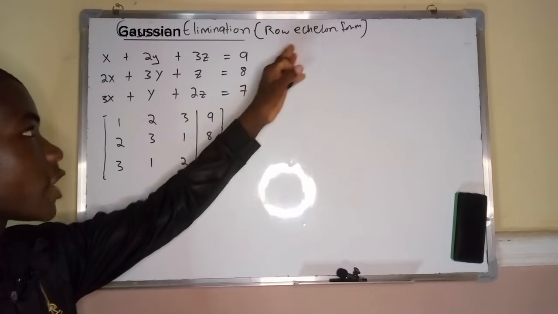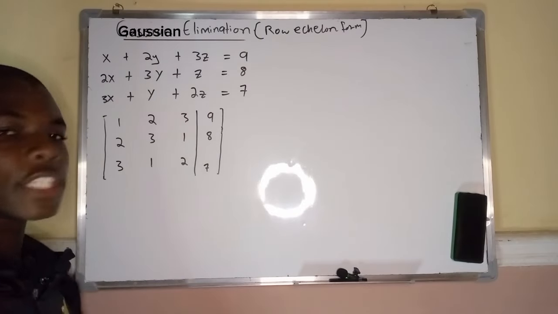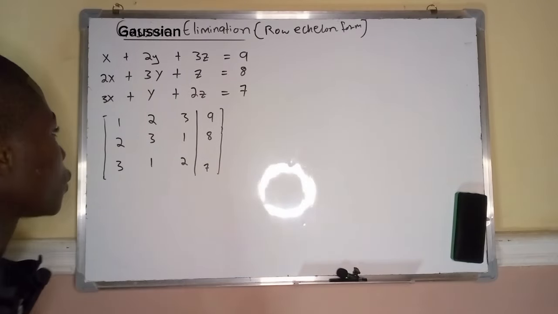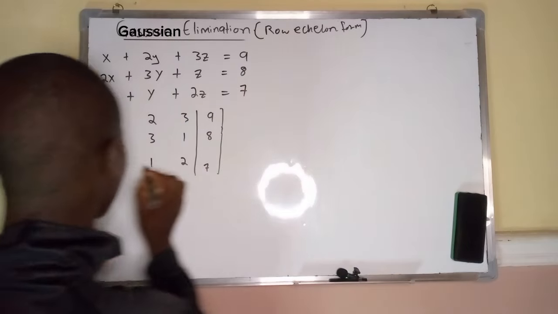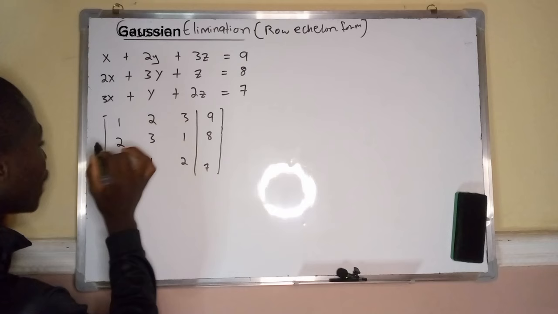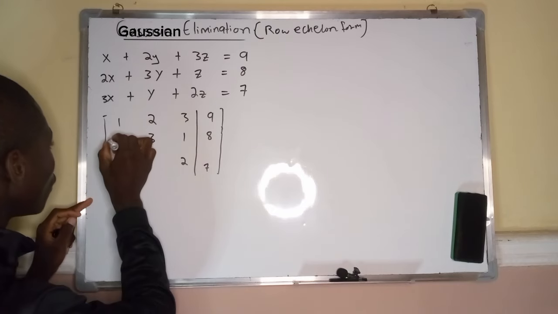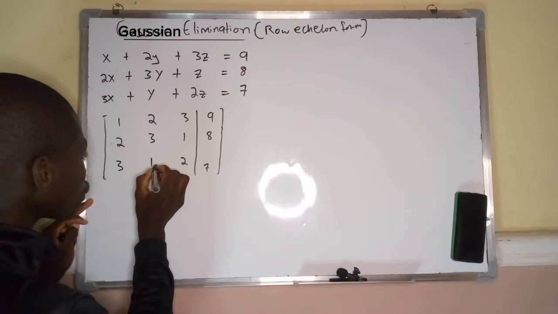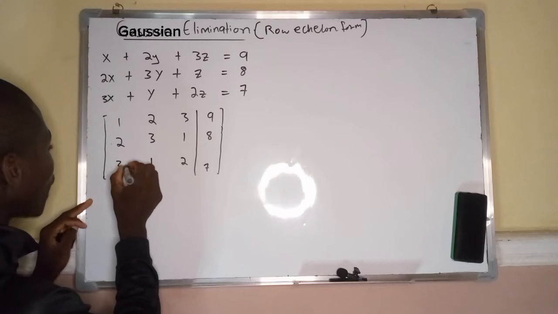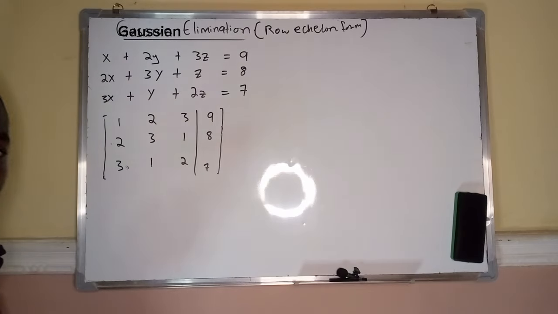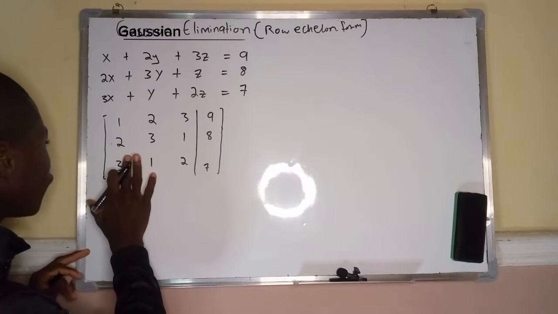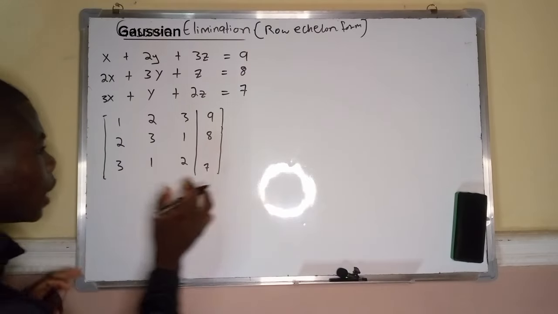How can we use the row echelon form to simplify this Gaussian elimination? In Gaussian elimination, we are to make these two to be 0, and also make these ones to become 0, and also these two to become 0.